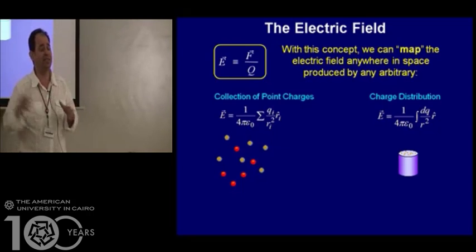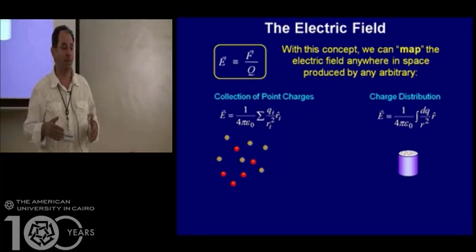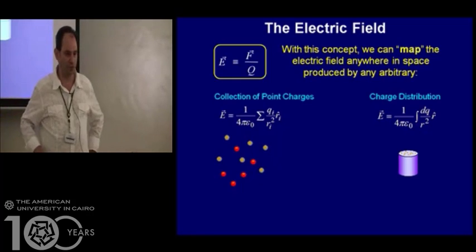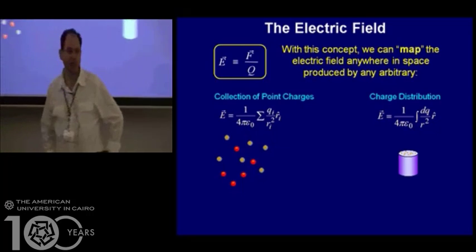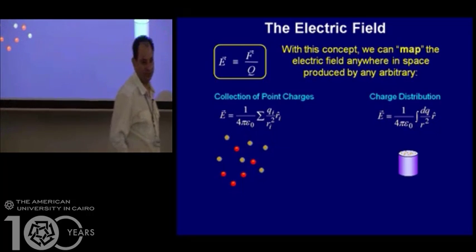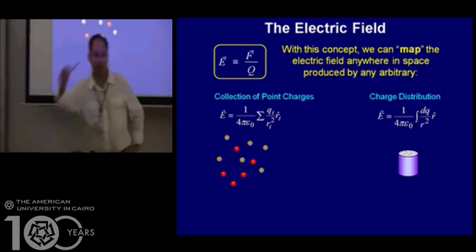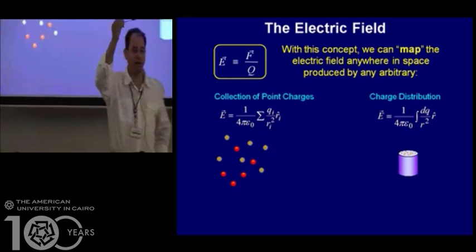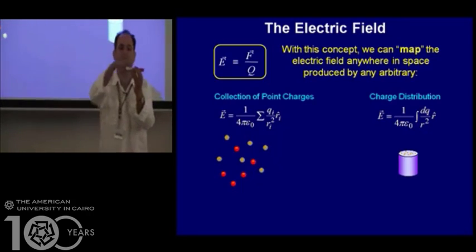And that's easy. It's boring. It's a long process if you have many charges. But it's a straightforward process. But now if we have a continuous distribution of charges, let's assume that I have a wire, and on that wire we have put a few charges.